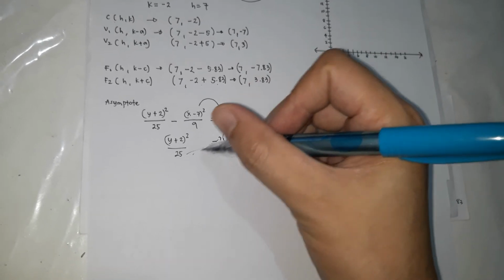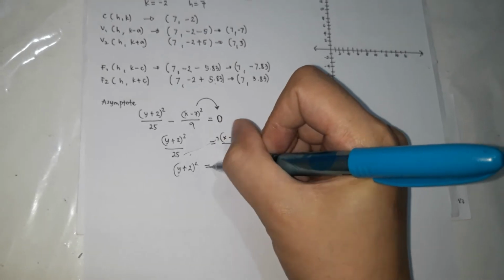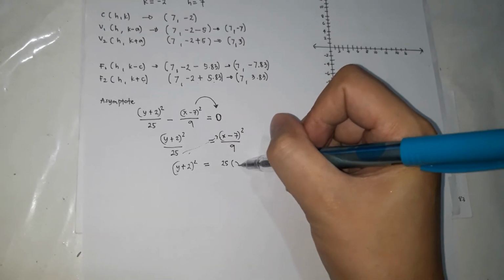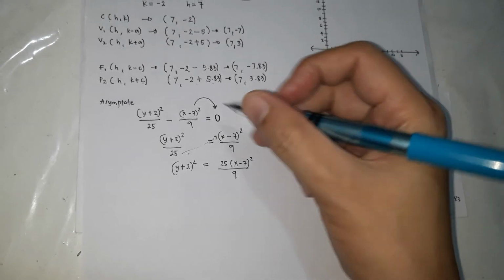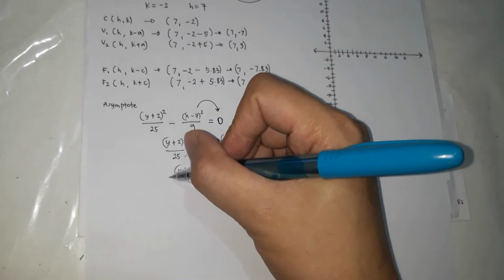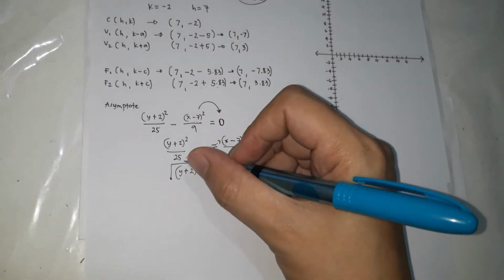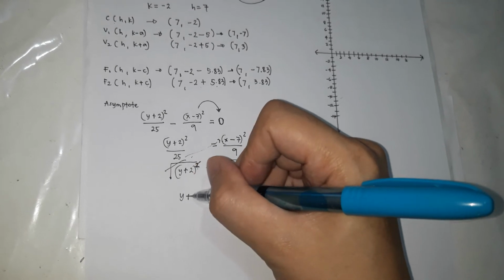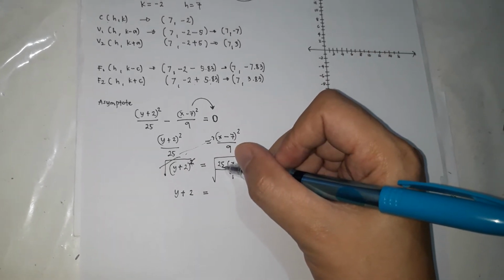So, kung ilipat mo sa dyan, so magiging (y plus 2) squared is equal to 25 times (x minus 7) squared over 9. Kailangan mo kunin si squared. So, next mong gagawin is square root. Mag-cancel na yan si squared. Matira is y plus 2 is equal to, what's the square root of 25?